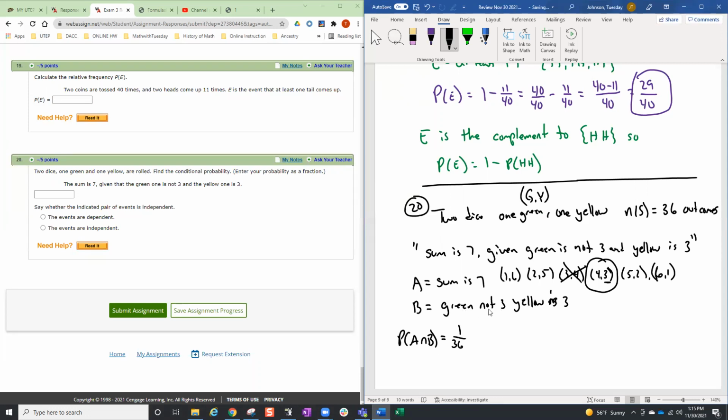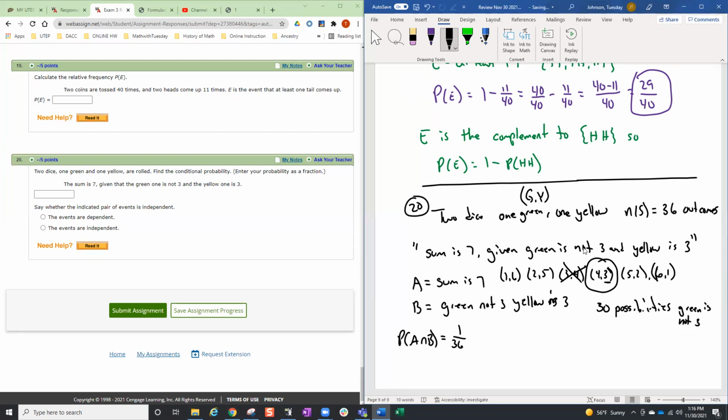So how many times will we have a green not a 3, but the yellow is a 3? The green one is not a 3, so that is 30 possibilities that green is not 3.